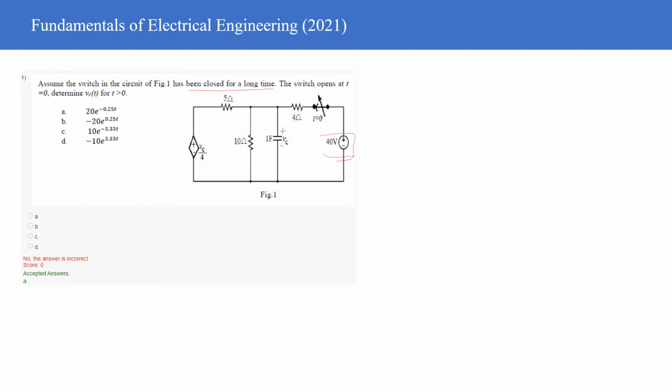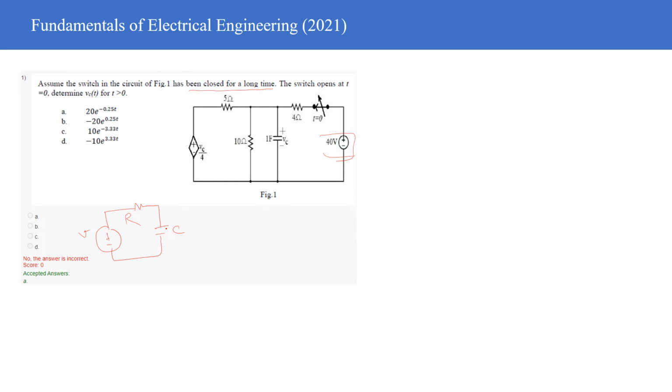And then it's asking you to find the voltage of the capacitance as a function of time. So, tell me, if you have a capacitance with voltage V, what will be the steady state voltage of the capacitor?